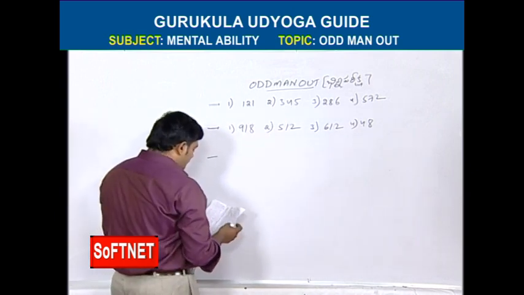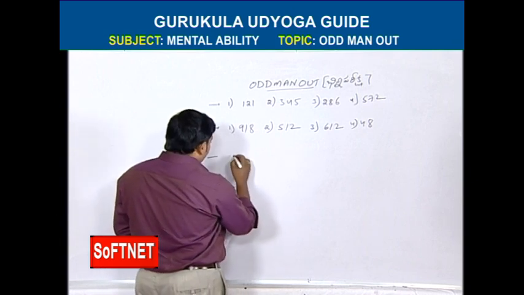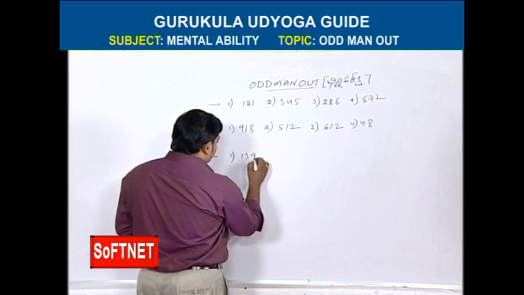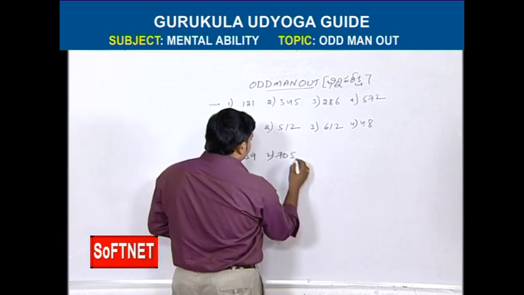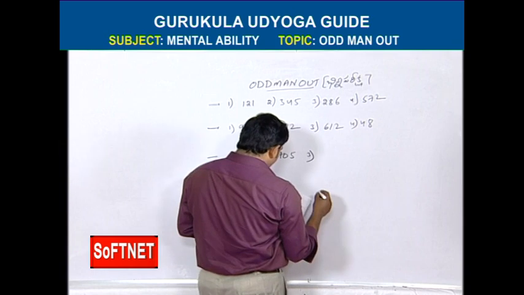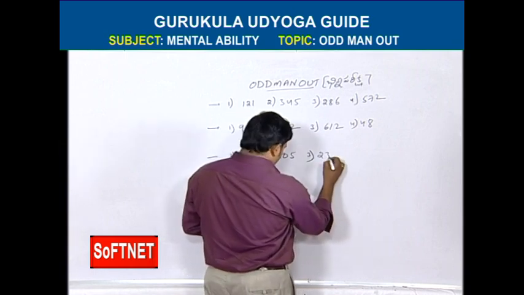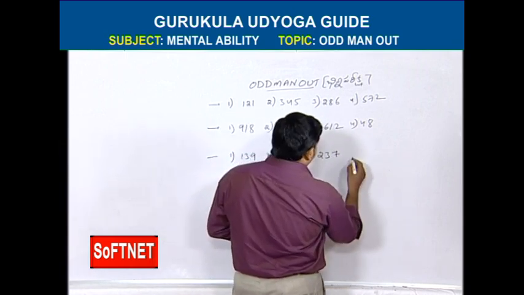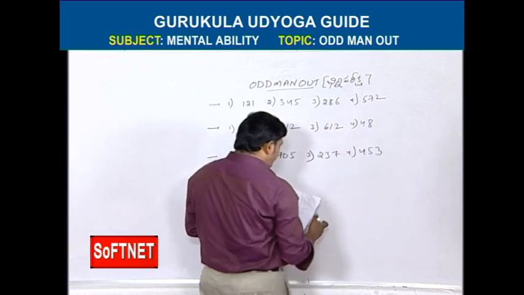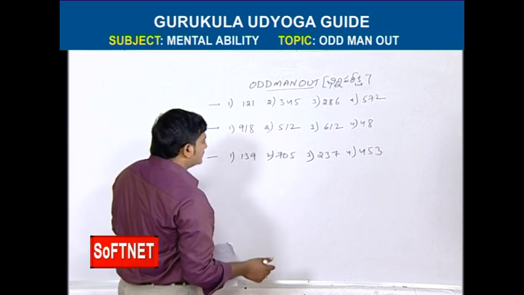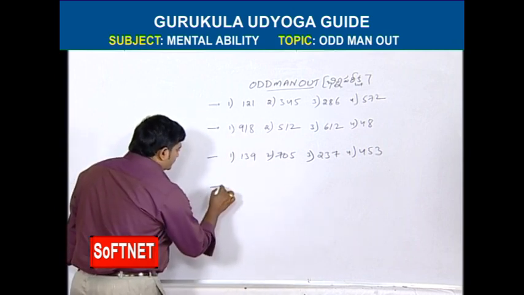Now the third question. The first option is 139, the second option is 705, the third option is 237, and finally the fourth option is 453. Now the next question.